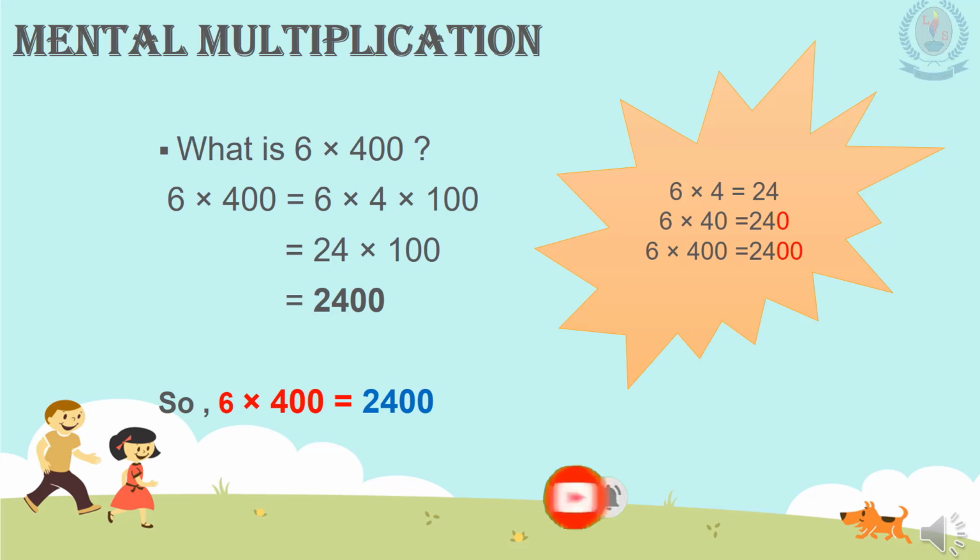So we can find the answer by multiplying 6 by 4 hundreds. So what's the answer of 6 times 4? It is 24. Then 24 multiplied by 100 is 2400. Then the answer becomes 2400.